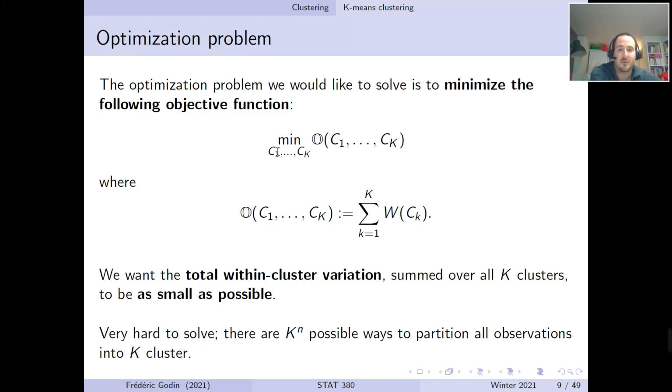We'd like to find clusters C1 until CK which are disjoint and where their union is the total set of observations, which minimize the objective function defined as the sum across all clusters of within cluster variations. If we have a good clustering, it means that in each cluster, observations are pretty similar to each other, so all within cluster variations should be small, so their sum across all clusters should also be small.